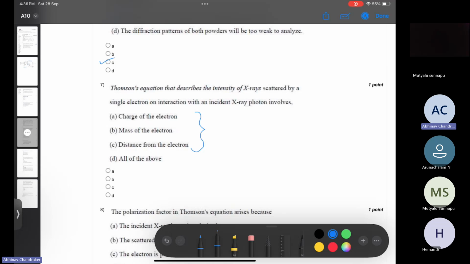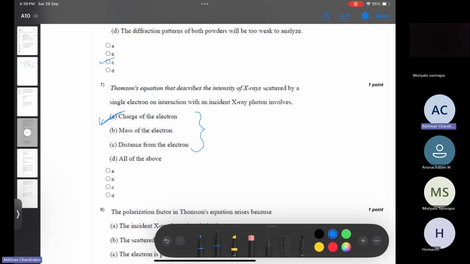Since the incident X-ray photon is basically an electromagnetic radiation, there is an electrical and magnetic field which is oscillating. As a result, the charge of the electron will play an important role, since the electric field will lead to a force on the electron, which will cause the electron also to oscillate.